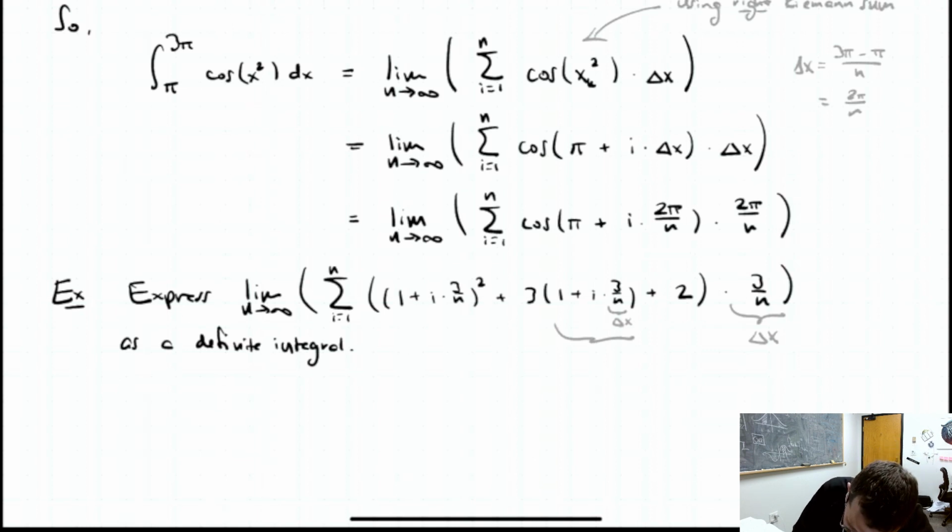But here, I'm seeing 1 plus I times 3 over n. I already know this 3 over n is the delta x. So this is going to be my a plus I times delta x, that's the xi.